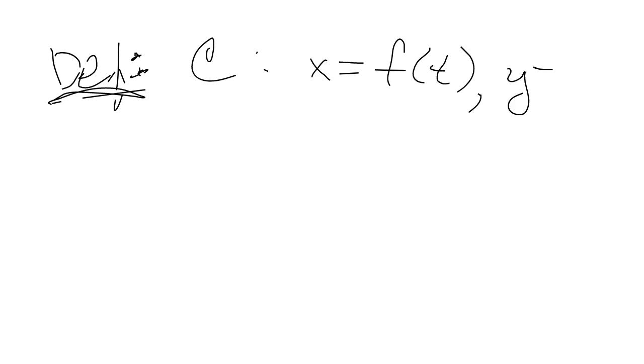So plane curve C, I'm not writing out. This is on top of page 781, just so you know. But C defined by x equals f of t and y equals g of t.